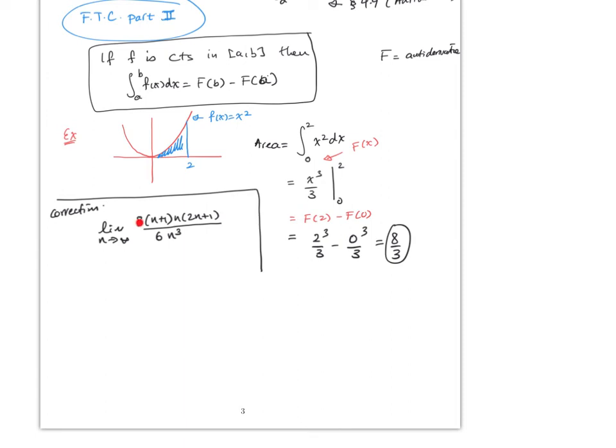I forgot to multiply the 8 times 2, so 8 times 2 is 16. So the limit should have been 16 over 6, which is equal to 8 over 3, and then it will match with this one. So this is the mistake I made in the last example, just a correction to section 5.2. You'll see what I mean when you go back to that part.